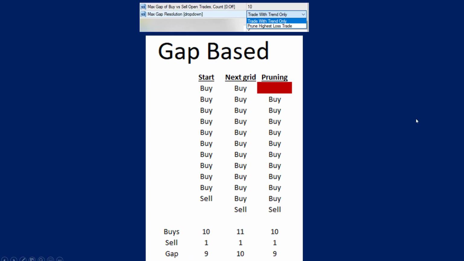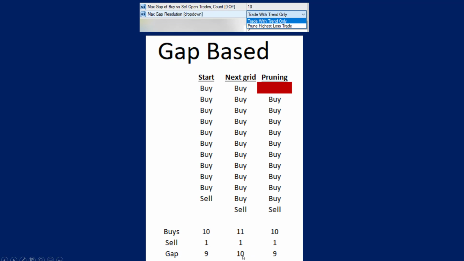The other way is using the gap method. So what we would say is, oh, hang on, here's 10 buys and 1 sell, so the gap between the number of open buys and the number of open sells is 9. If you set that, for instance, to 10, let's have a look at what the EA will do when it moves on to 10, so suddenly there are 11 buys and 1 sell, the gap is now 10.